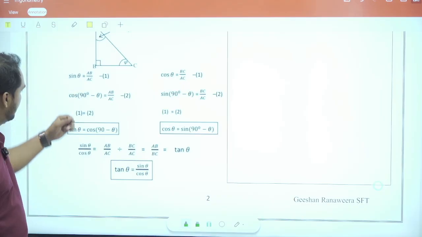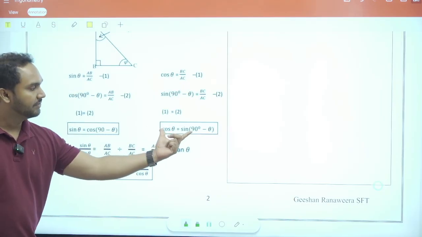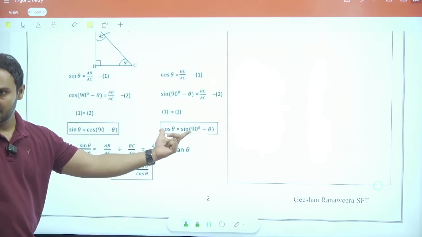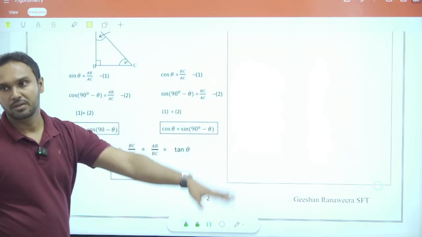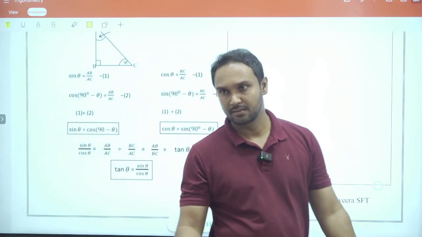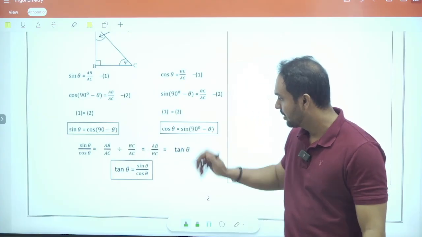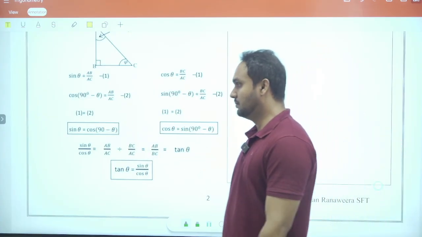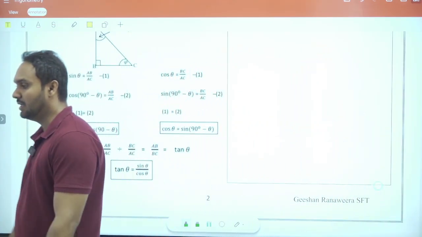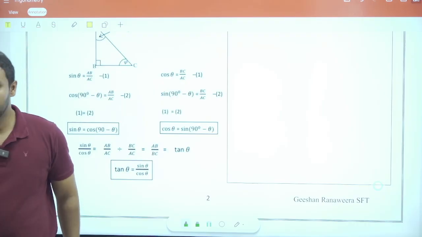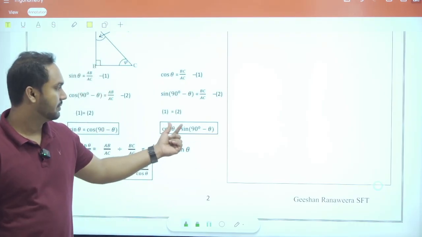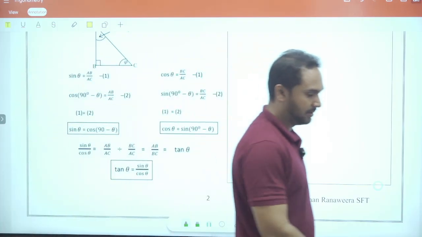Now highlight these two equations, and if you want to find any of the cos values equivalent to the sine values, what do you do? You deduct it by 90 again, the same thing, right? So highlight these two equations, please. Sin theta equals cos 90 minus theta, and cos theta equals sin 90 minus theta.